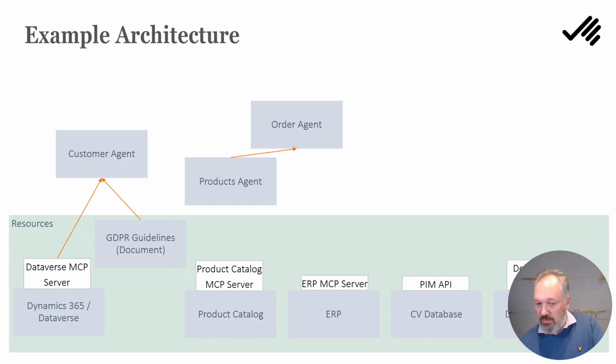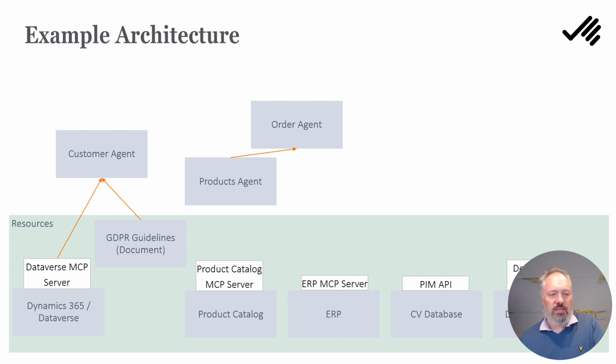So it's not using MCP. The order agent asks the product agent, can you give me some products that match this request, for instance?